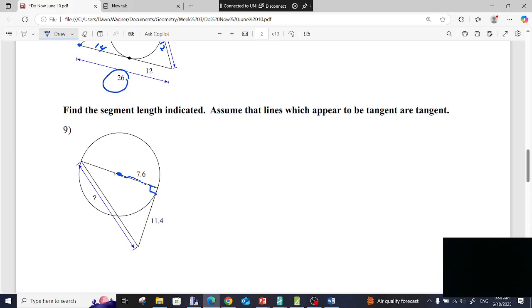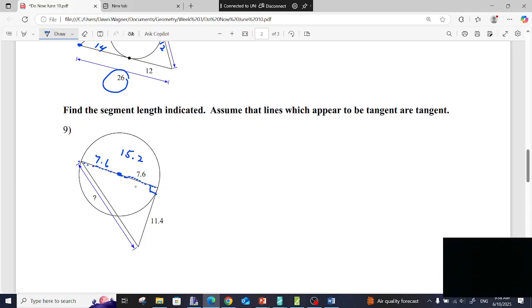But what do I know about all radii of a circle? Like spokes on a bike, they're all equal, correct? So then what's this length over here? 7.6. So this whole length is going to be what, 15.2 when I multiply it by 2?